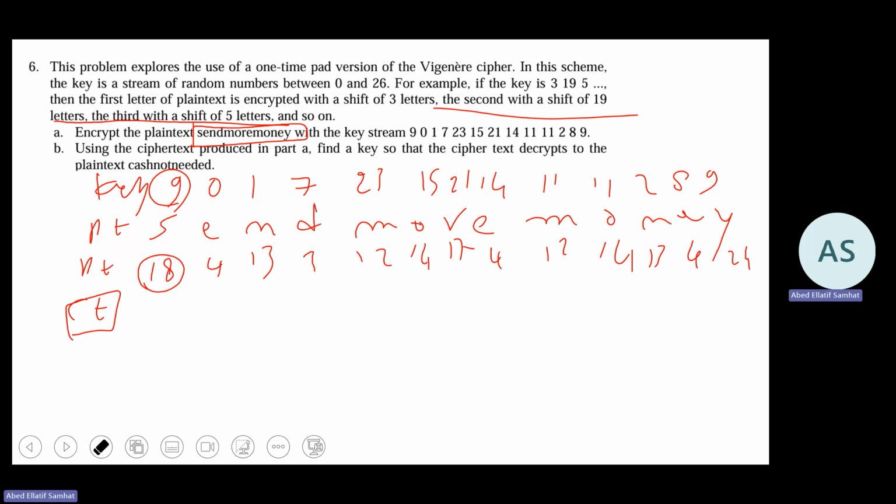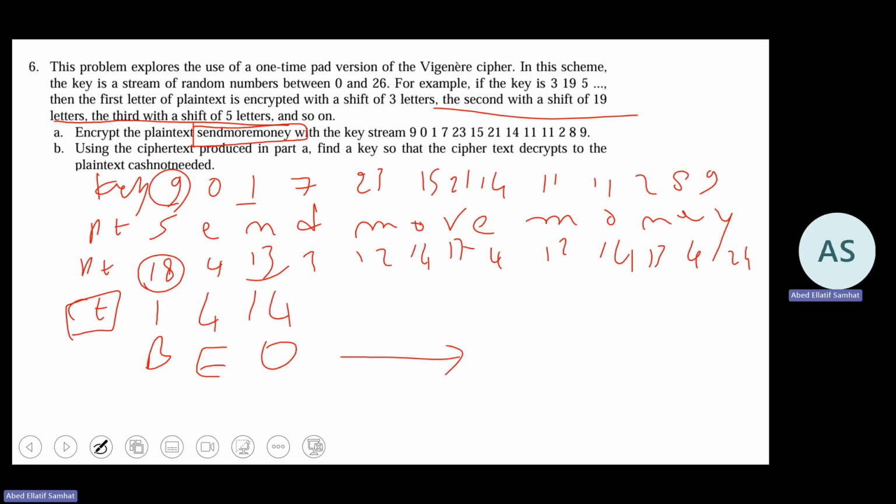So 9 plus 18 will be 27. 27 mod 26 is equal to 1, and the letter 1 is B. Here 0 plus 4 is equal to 4, which is the letter E. And so on, we can continue like this. 13 plus 1 mod 26 is 14, and 14 is the letter O. And so on, we can continue the same.